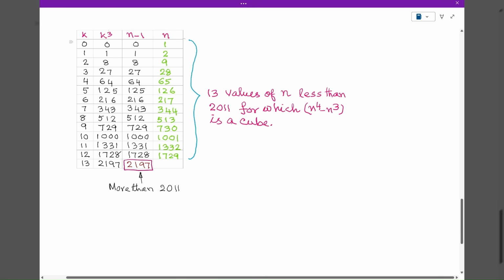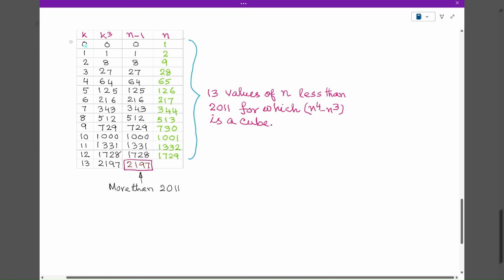So k will be 0, 1, 2, 3, 4, 5, 6, 7, 8, 9, 10, 11 and 12. We have added the value of 13 to show that this value is not acceptable. But all the other values from 0 to 12 will be acceptable.